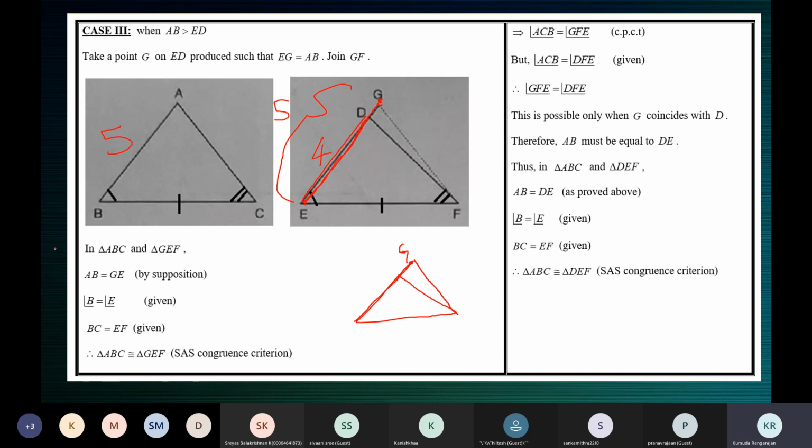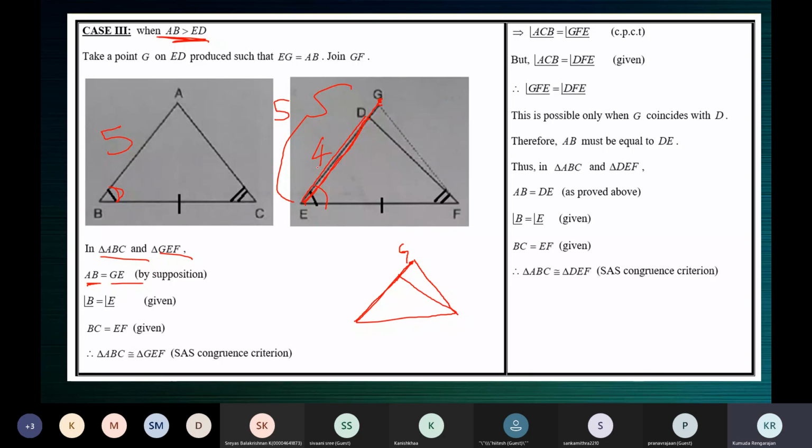Now take up the two triangles ABC and GEF. In these two triangles, we have taken a point G such that AB is equal to GE. Our assumption is AB is greater than ED. So AB of the first triangle is equal to GE of the second triangle. Then angle B, this is known to us. Angle B of the first triangle is equal to angle E of the second triangle.